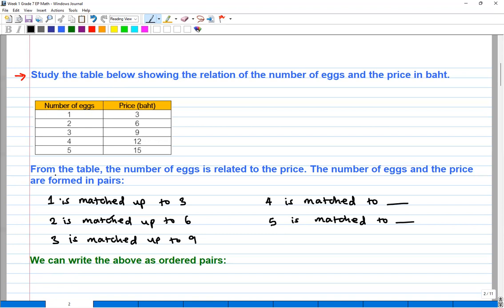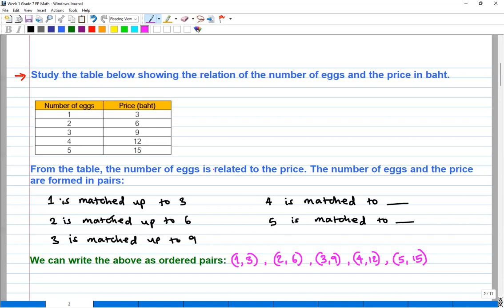Now, we can write these two groups as ordered pairs. And this is how we do that. We can say 1, 3, then 2, 6, then 3, 9, then 4, 12, then 5, 15.